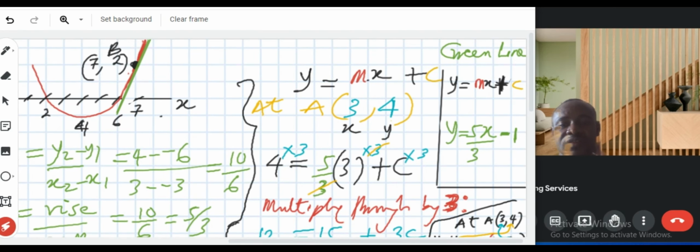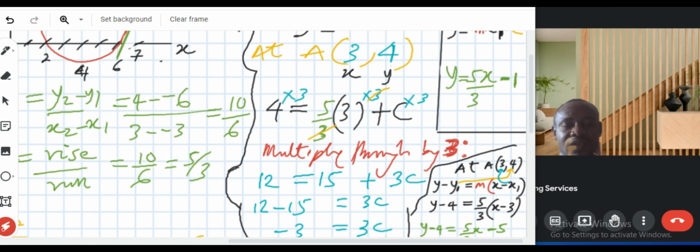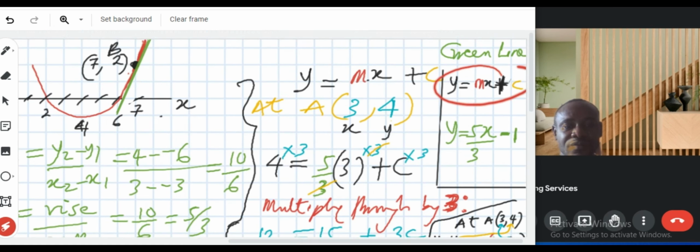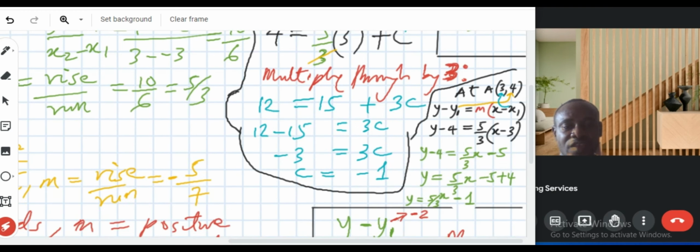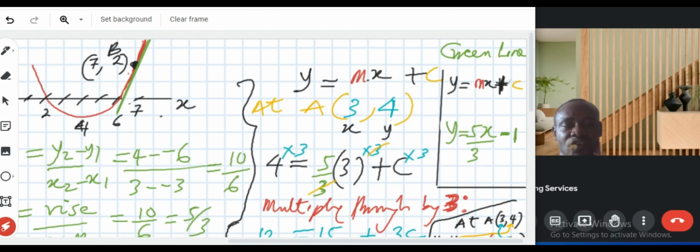After we found the intercept, we can substitute both the gradient and the intercept into the equation of a straight line, like we did here. We substitute the gradient, 5/3, and the intercept, -1, into the equation of the straight line, and that gives us the equation of that line.